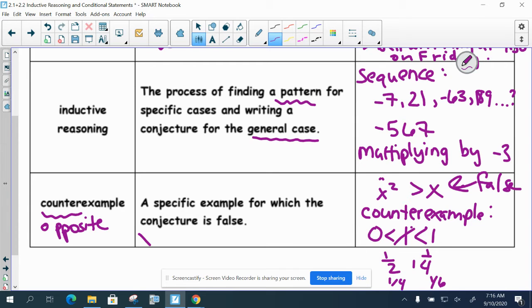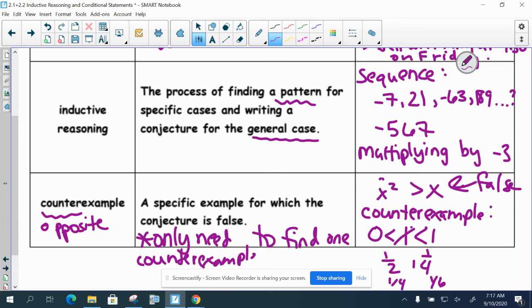So you only need to find one counterexample to prove a statement false.